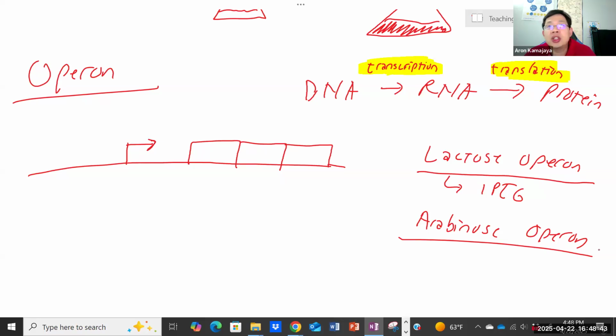Both of them are actually sugars, right? Anything with the -OSE ending, like glucose, lactose, fructose, generally is a type of sugar. Lactose is a type of sugar. Arabinose is also a type of sugar, right?